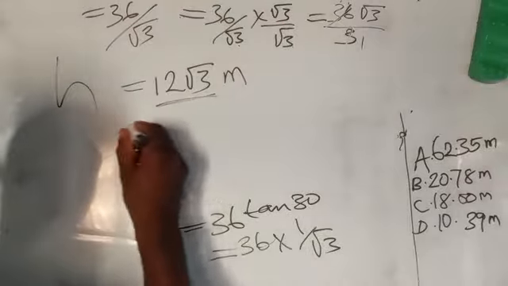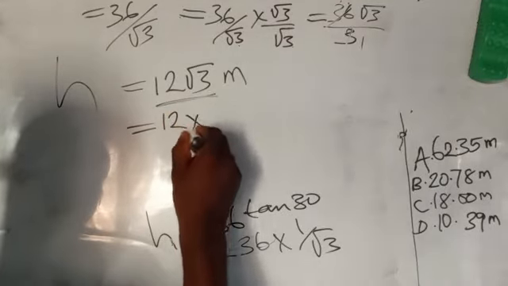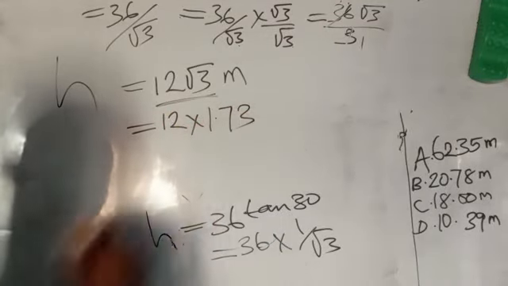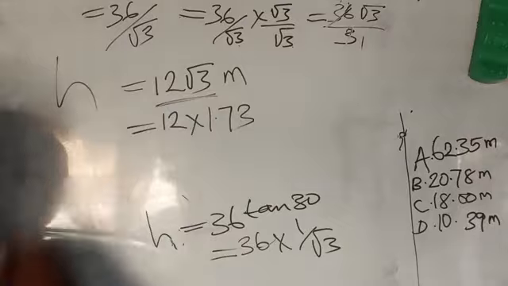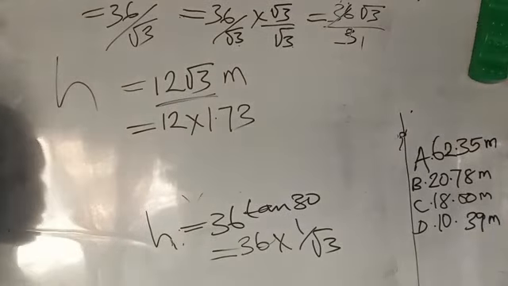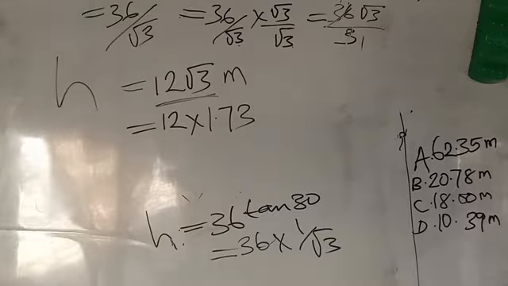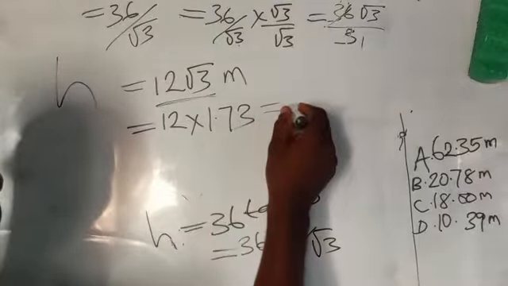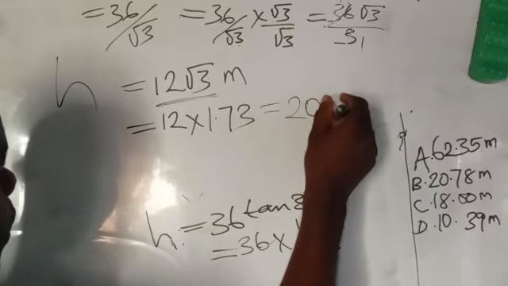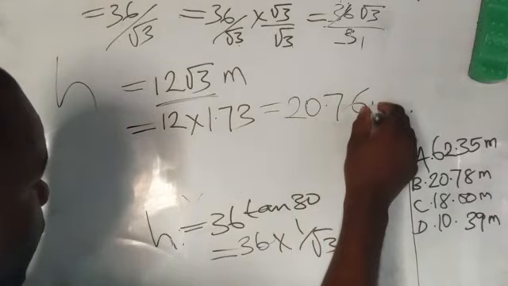So you will have 12 times 1.73. What will you get? You have 20.76 meters.